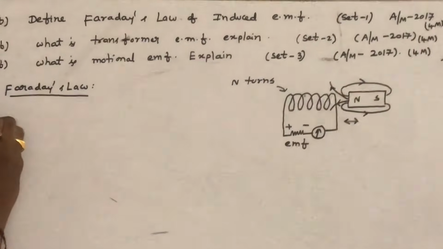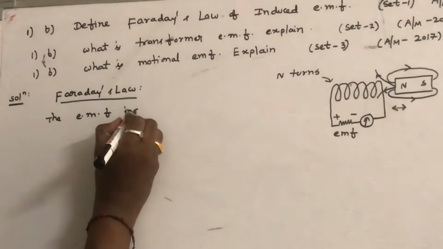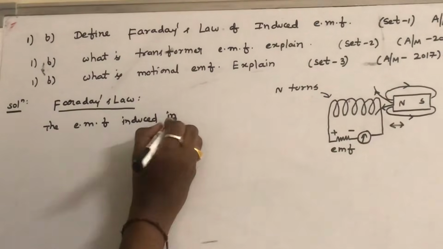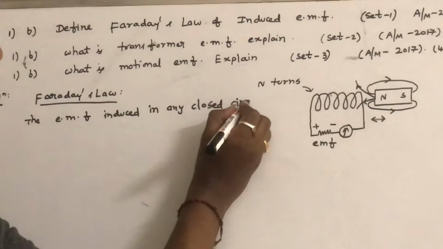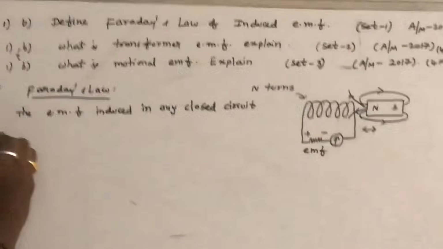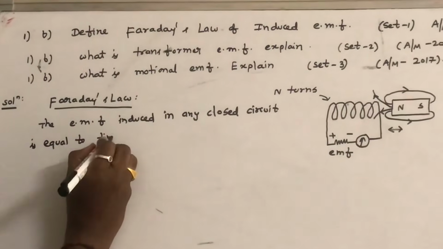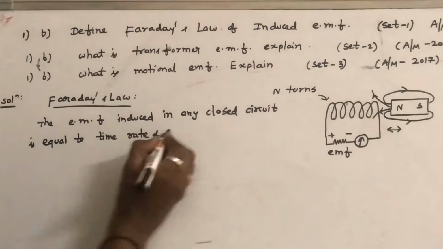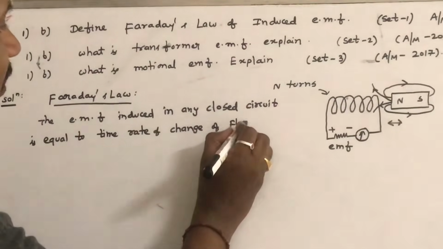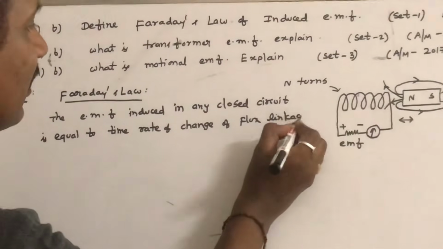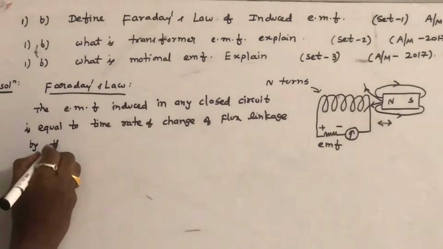Faraday's law states that the EMF, which stands for electromotive force, induced in any closed circuit is equal to the time rate of change of flux linkage by that circuit.